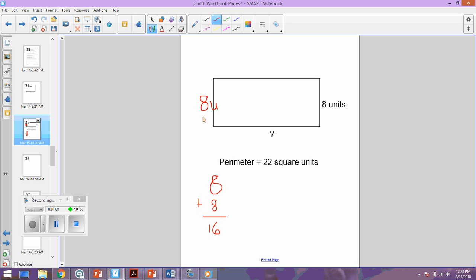So together, these two sides are 16. We need to figure out what's the difference between 16 for these two sides and 22, the length of all four sides.